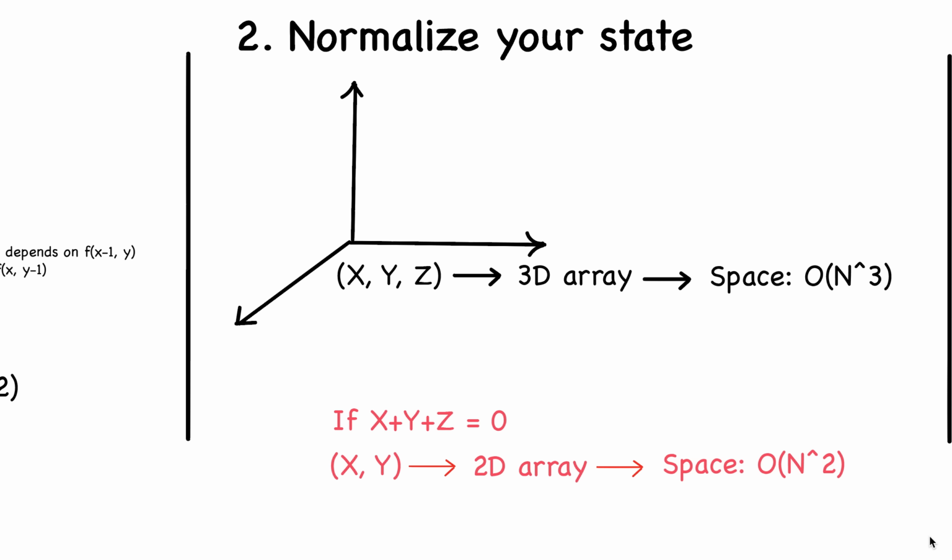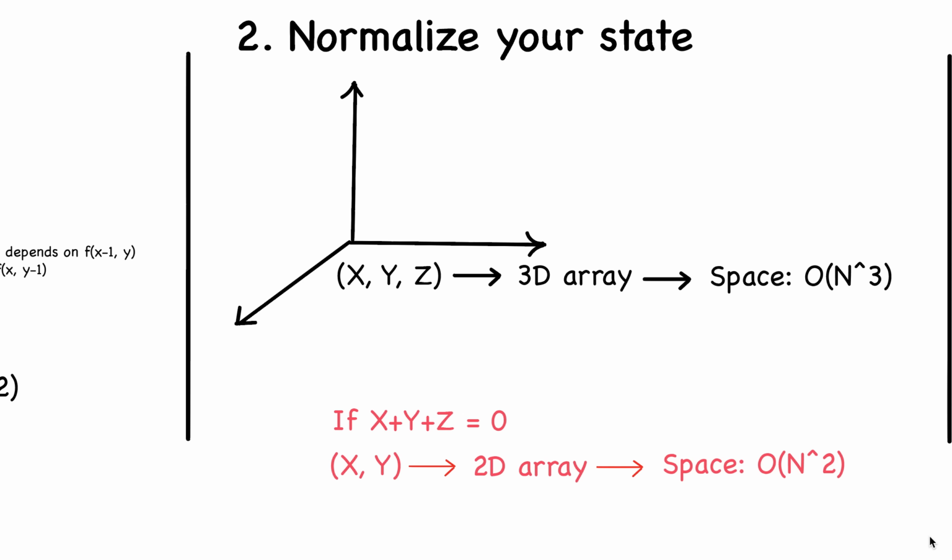For instance, if we continue with our example here of having the state be a point in 3D space, and we happen to know that any valid state for our purposes must have the value of x plus y plus z equal to 0, then we can uniquely identify any valid state by the value of only two dimensions, say x and y, instead of three dimensions, since we can always infer the third number given the other two.